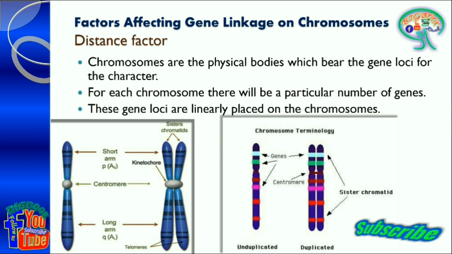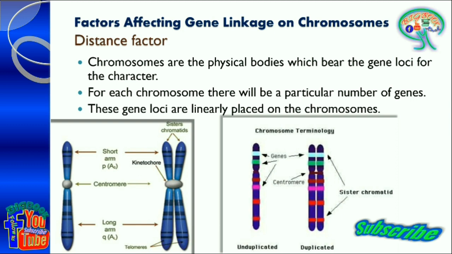Now these genes will be placed linearly on the chromosome, one after the other. We are considering it to be linear because we are going to denote and identify it with some identifications. So why are we calling it linear?